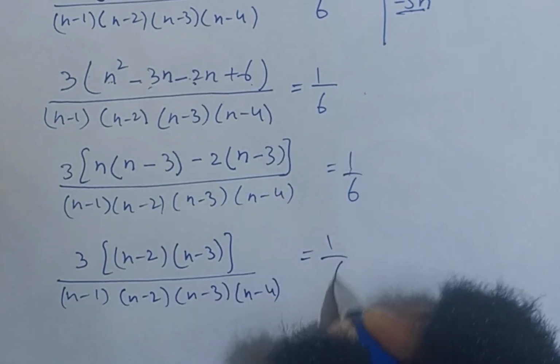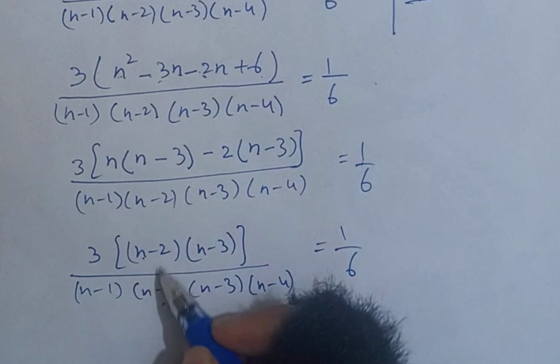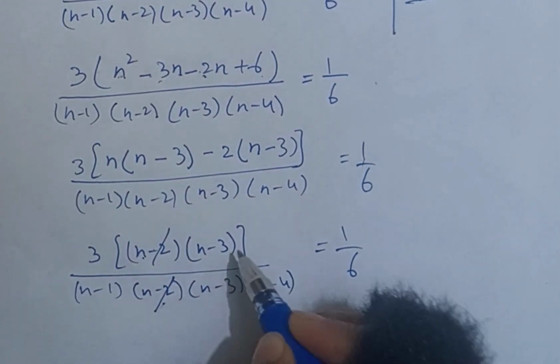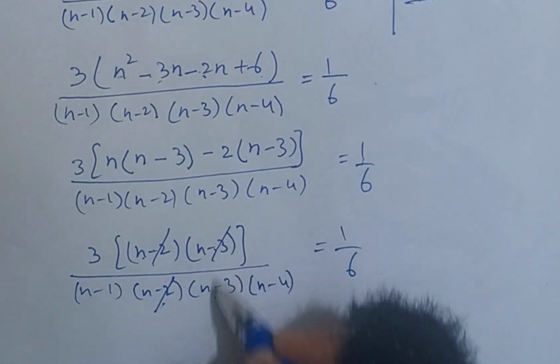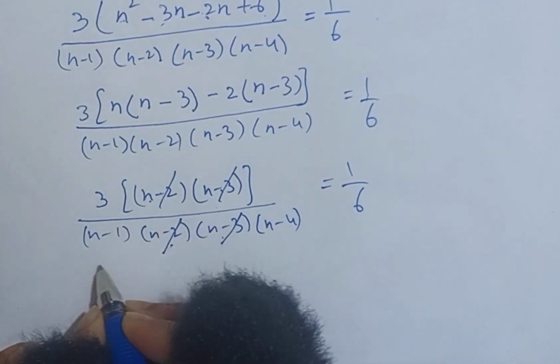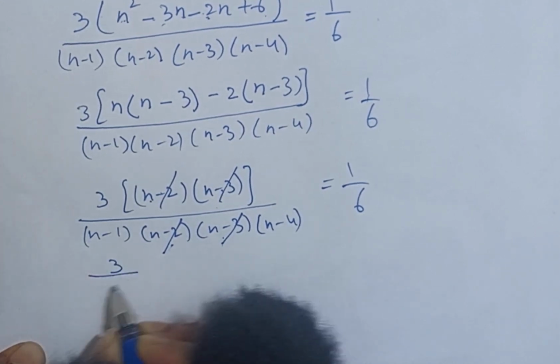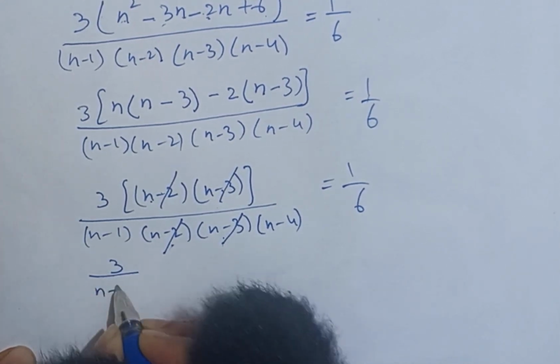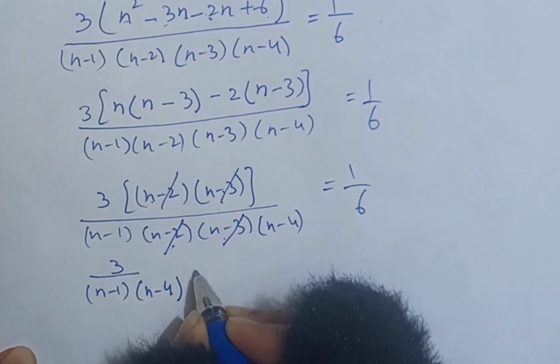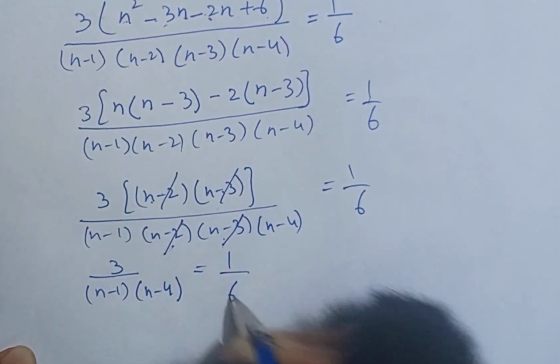It's equal to 1 over 6. Now n minus 2 is involved in numerator and denominator, so we cancel. And n minus 3 is also in both, so we cancel it. And now the remaining value is 3 over (n minus 1)(n minus 4), equal to 1 over 6.